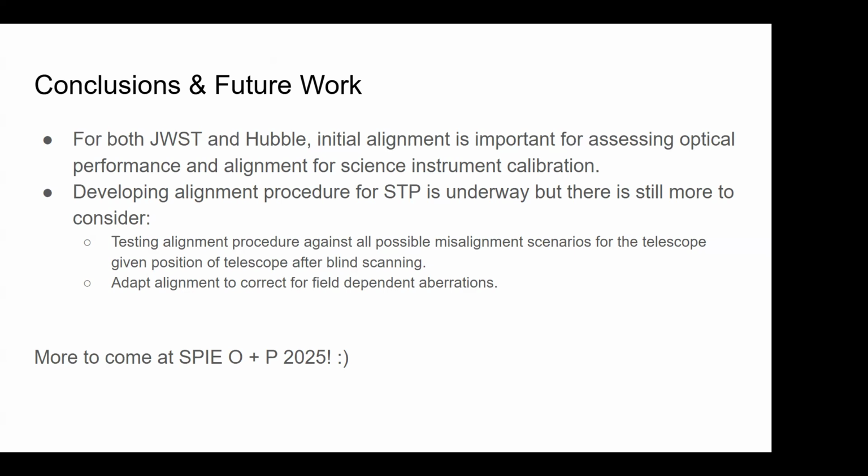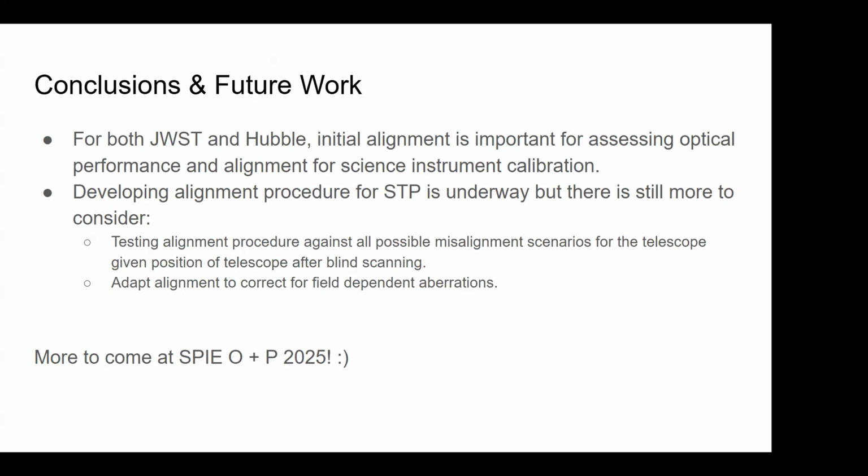Because if it weren't for this initial alignment, it's very hard to get diffraction limited performance in images if they aren't aligned properly first. And like I mentioned, developing the alignment procedure for Pearl and Lazuli is underway, but there's still more to consider.